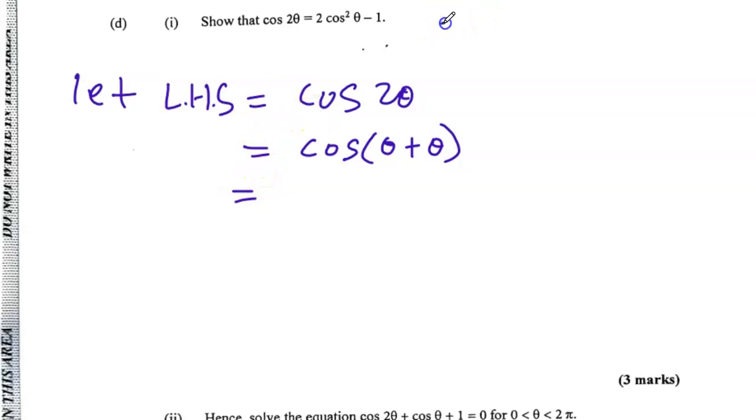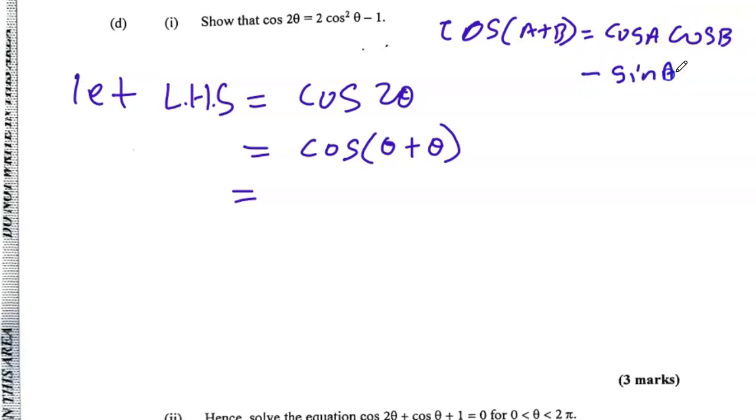It's on the formula sheet that says cos (A plus B) is equal to cos A cos B minus sin A sin B. In this case, A and B, both of them are theta.